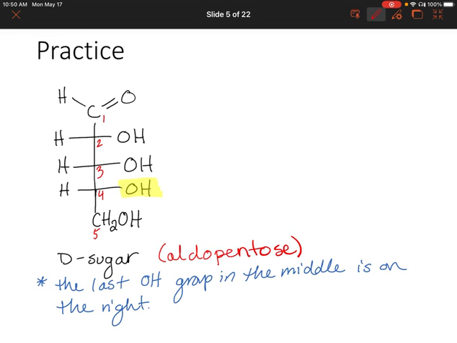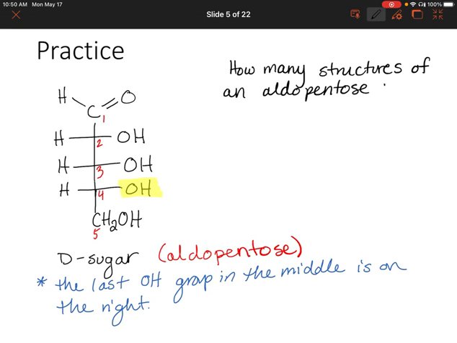Okay, now just a little more practice. How many possible structures of an aldopentose can exist? So what I mean by that, we know that the OH group is going to stay on the right because this is a D sugar.